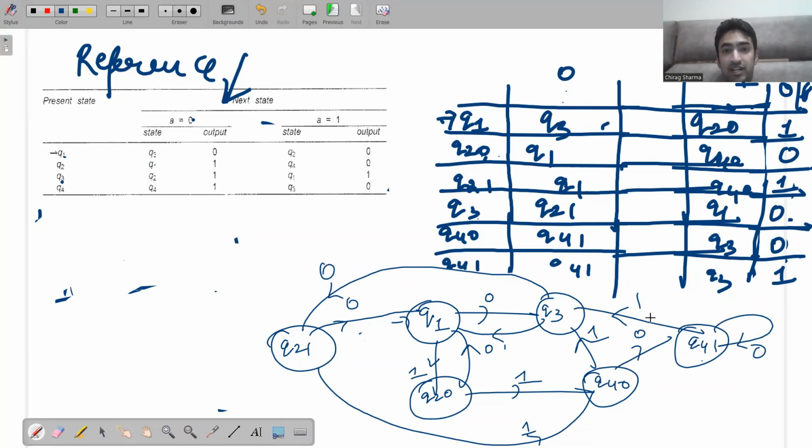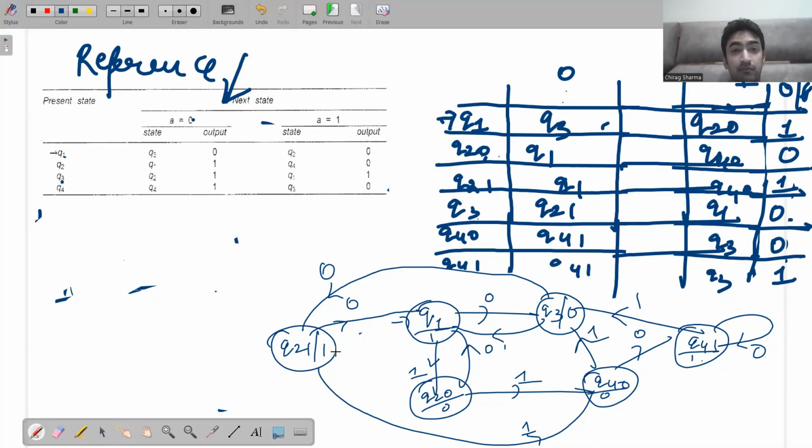And don't forget, every state is associated with output. Output of Q1 was 1, output of Q3 was 0, output of Q2 0 was 0, Q4 1 output was 1, and Q2 1 output was 1.